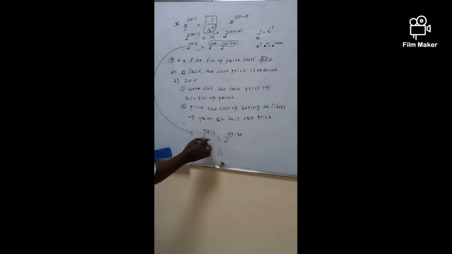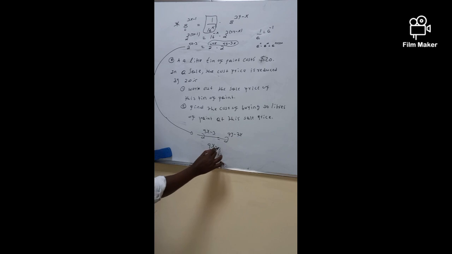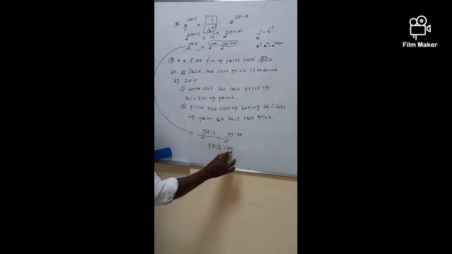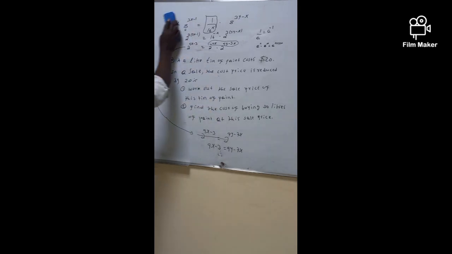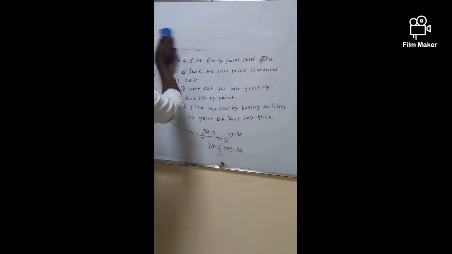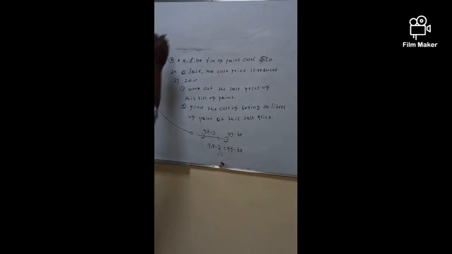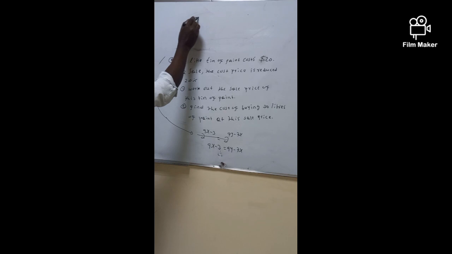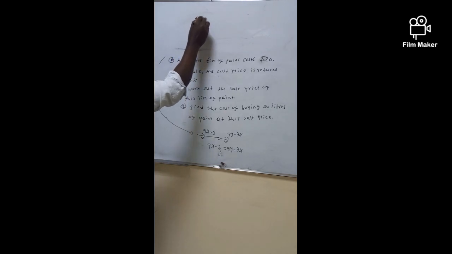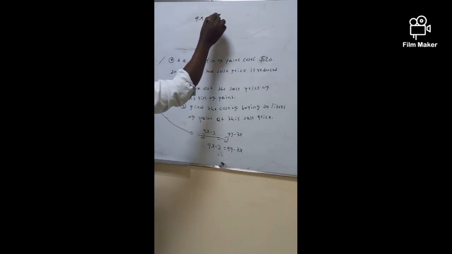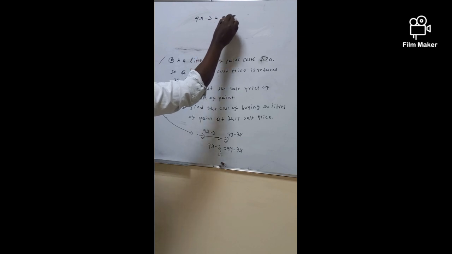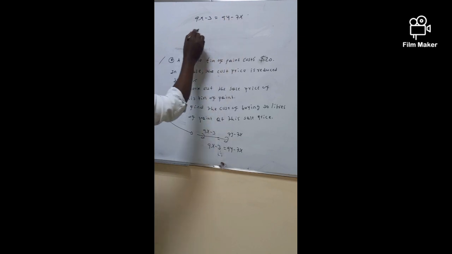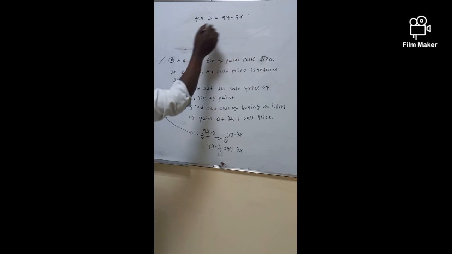Since the bases are the same, you can eliminate the bases and equate the exponents: 9x minus 3 is exactly 9y minus 7x. Let's collect terms together.